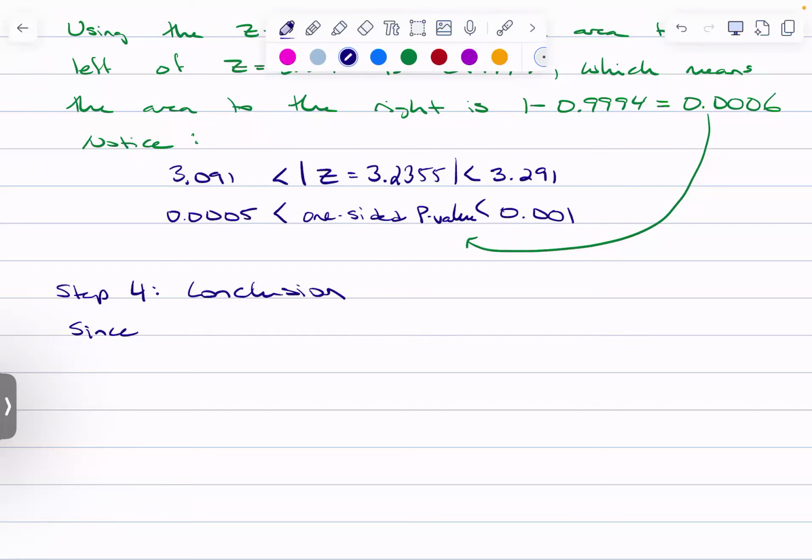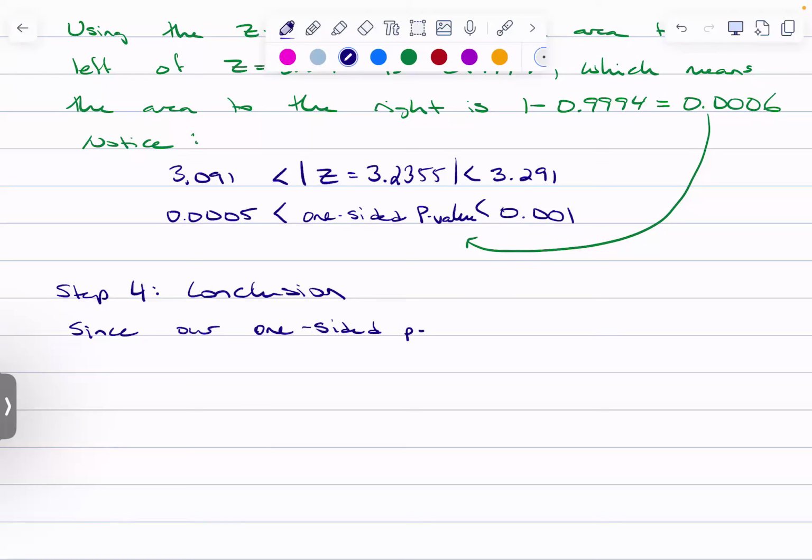Now, we were not given an alpha level, but we're going to use 0.05. That's our default. And this is where you want to show off all the things that you have already had to tackle. You know it's a one-sided p-value, so why not say that?